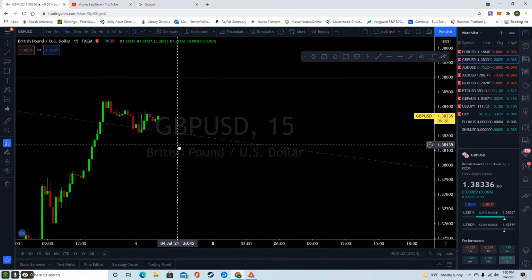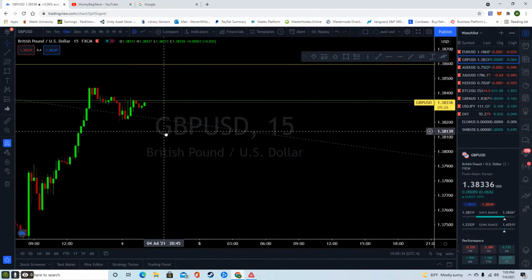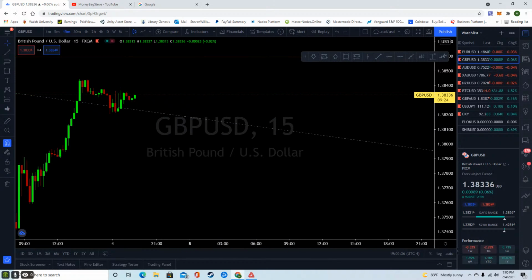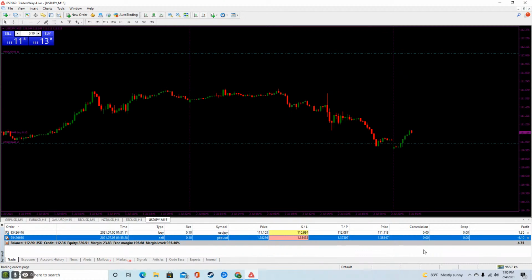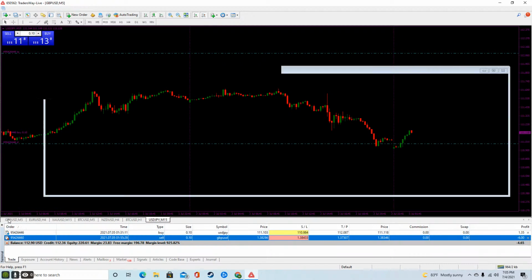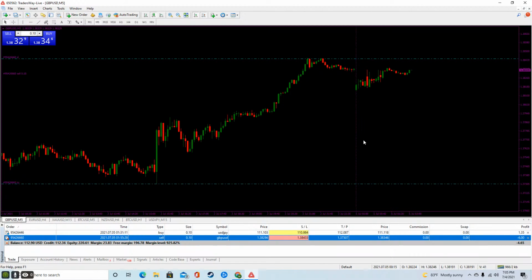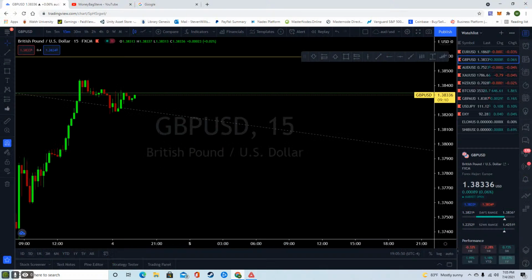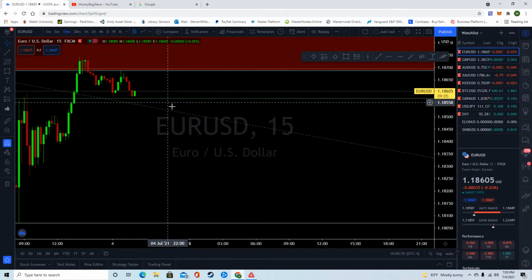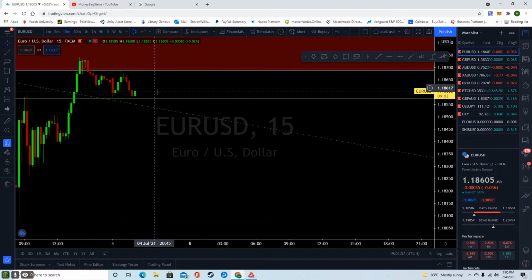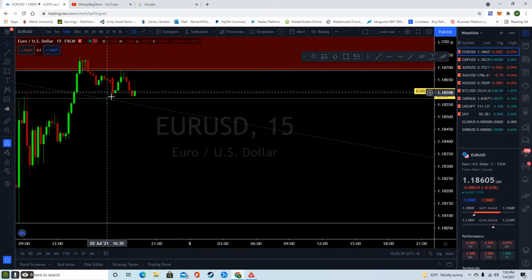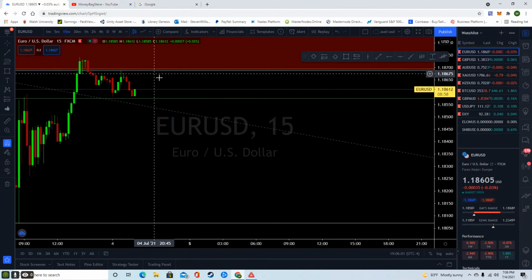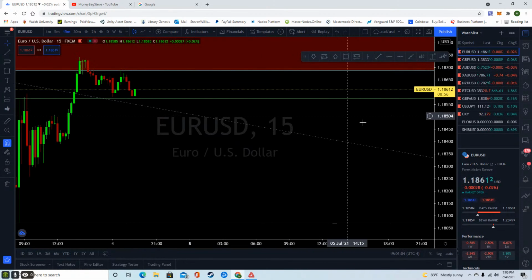Alright, so GBP USD is about to touch, which means, oh man, do I get into another trade or just stay out of it? That's the scary question. Euro USD is not close. All right.